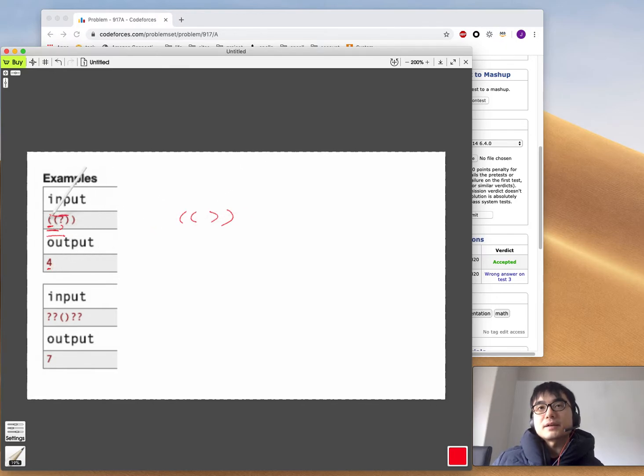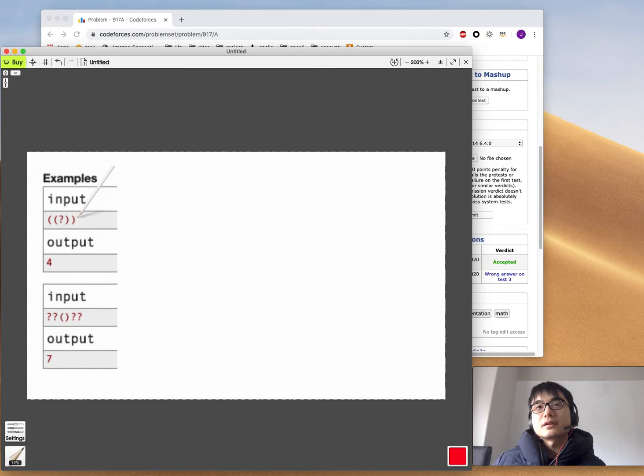And let's move on. How about this one? No matter what we do with the question mark, it will always be invalid, right? So we can find one valid substring starting from the first character.